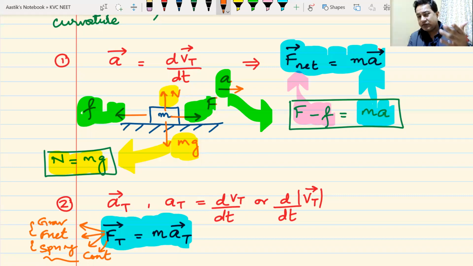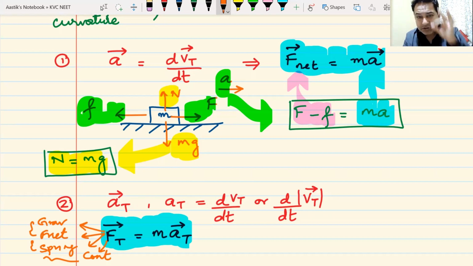This tangential force is the real force, which can be a combination of friction, gravitation, normal reaction, contact, tension, whatever you can think of. So this tangential force is responsible for changing the speed of the particle, because this tangential force gives us the tangential acceleration m into at.